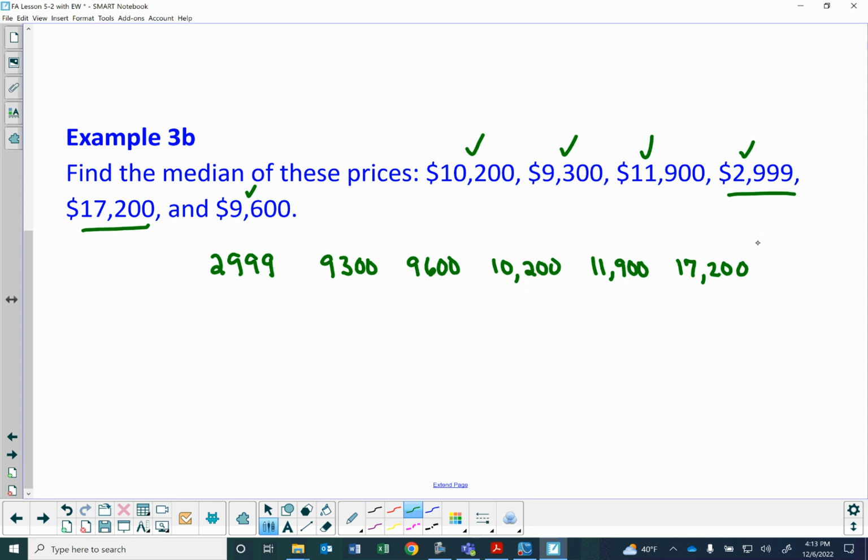So if I count these, 1, 2, 3, 4, 5, 6, there are 6 data pieces, so take 2 away from the top, 2 away from the bottom, and we're going to take the average of these 2.